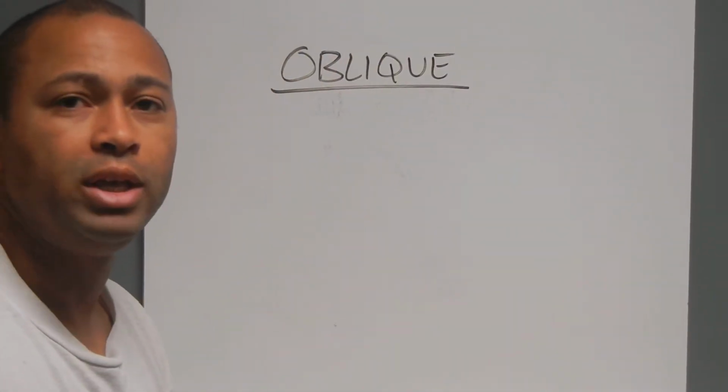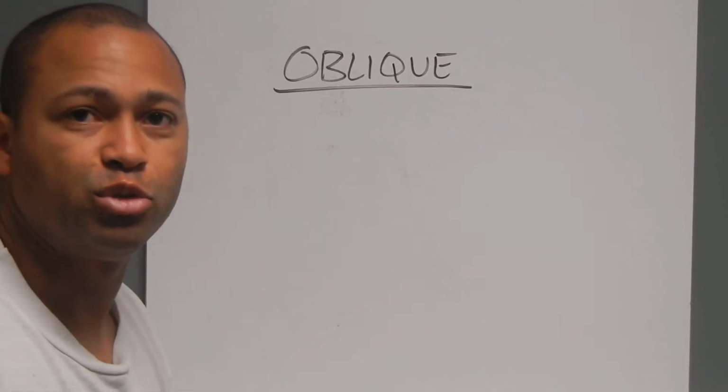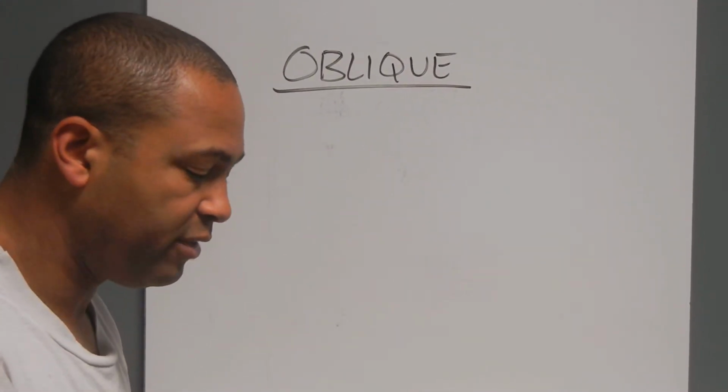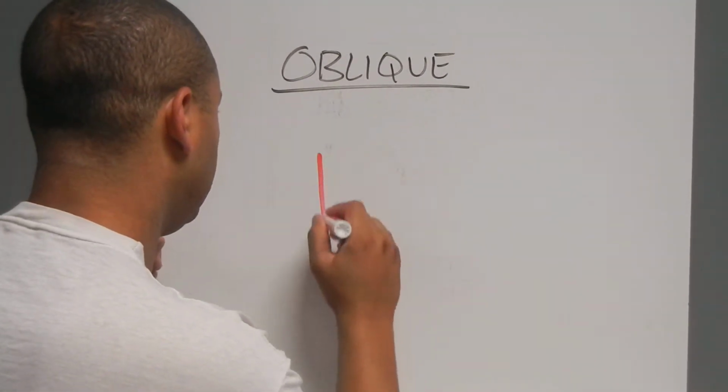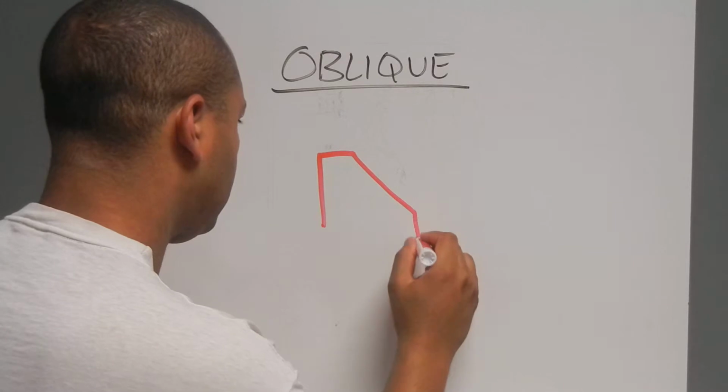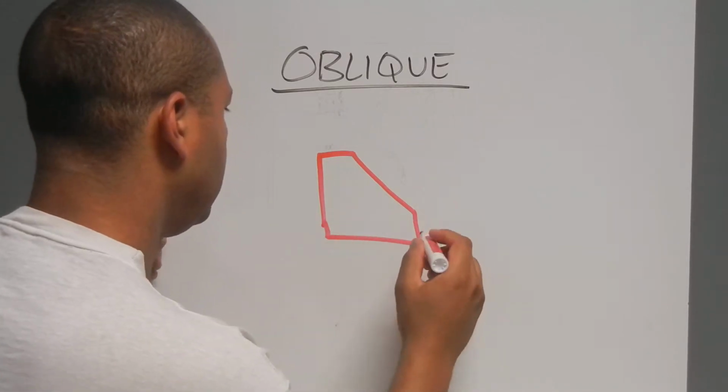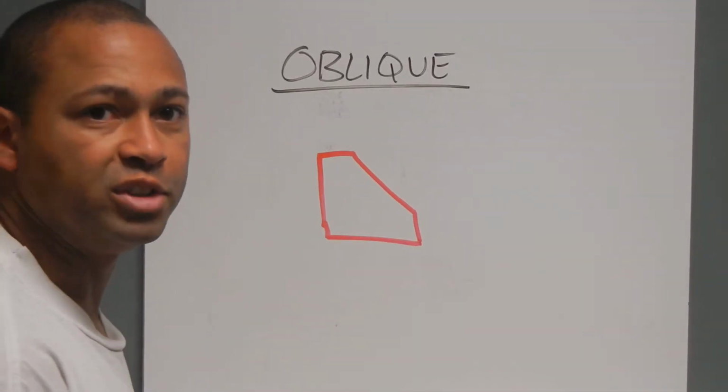Okay. Oblique. I'm going to draw that same object that I just drew for an isometric. I'm going to put it in an oblique format. The front view is flat.